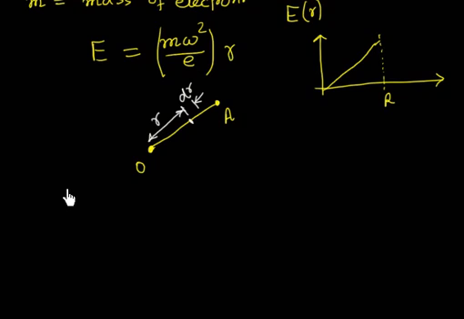First calculate the magnitude of the potential. The magnitude of the potential is given by the integral of E dot dr. This is not a line integral, simply E dot dr, and this will give you the potential difference. Now let us calculate this integral.